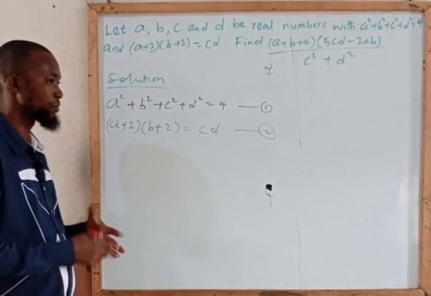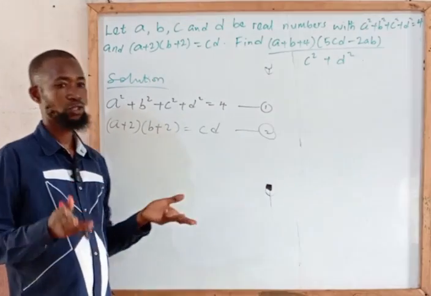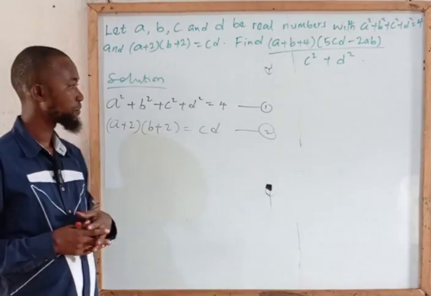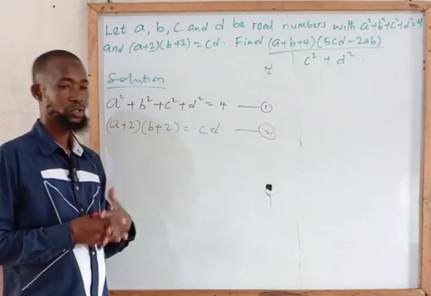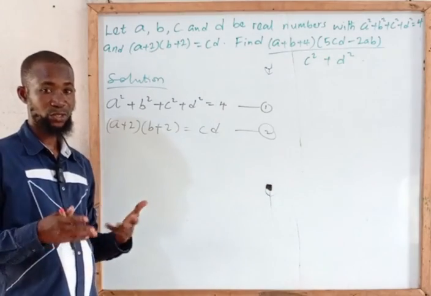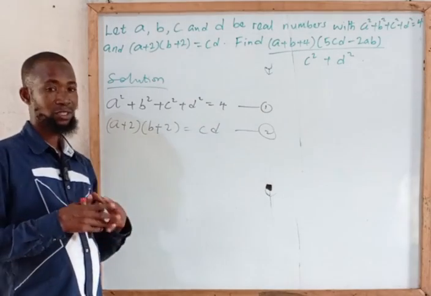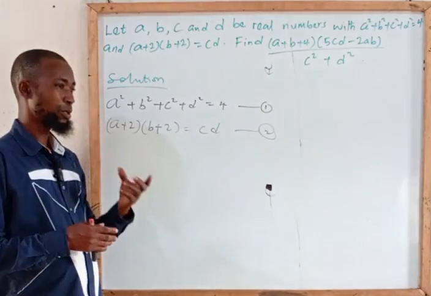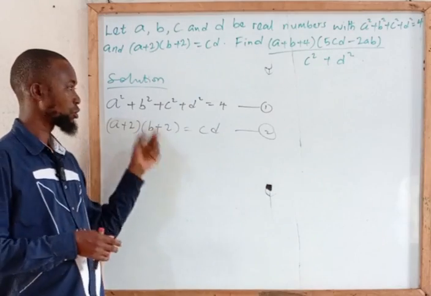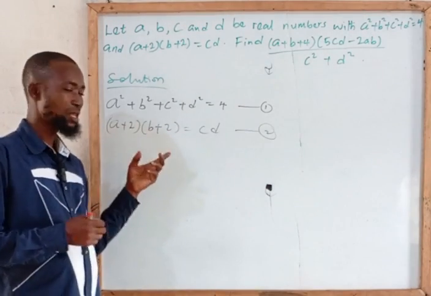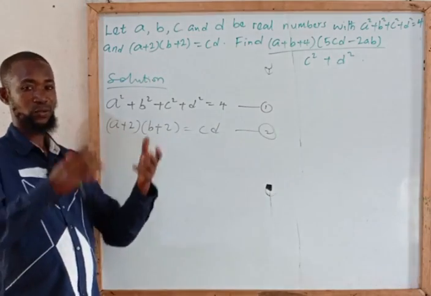Now this is something involving two equations. When we have equations like this, one of the means by which this can be solved is through the use of factorization, through the use of known simultaneous equations. By simultaneous equations, we can determine any number of unknowns. But if two unknowns are required, two equations have to be given. If it is three unknowns we are interested in, three equations have to be given, and so on.